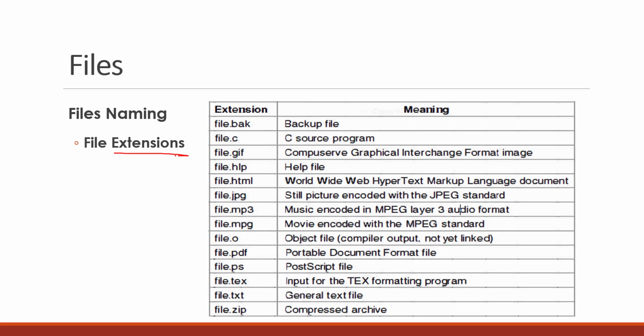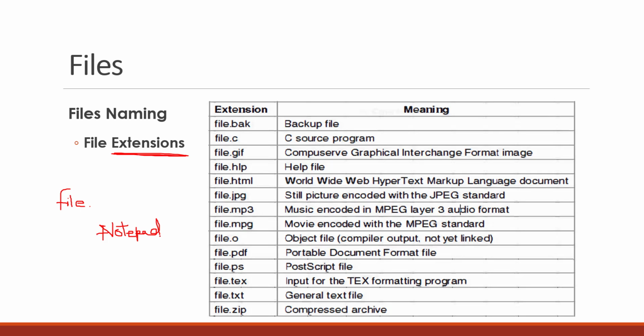Then the extensions. We know that in order to differentiate between files, well, for the operating system it's all about a file. So a file, whatever that file is, for the operating system it doesn't matter, but different programs can read only certain files. For example, a notepad can read a lot of files, right?